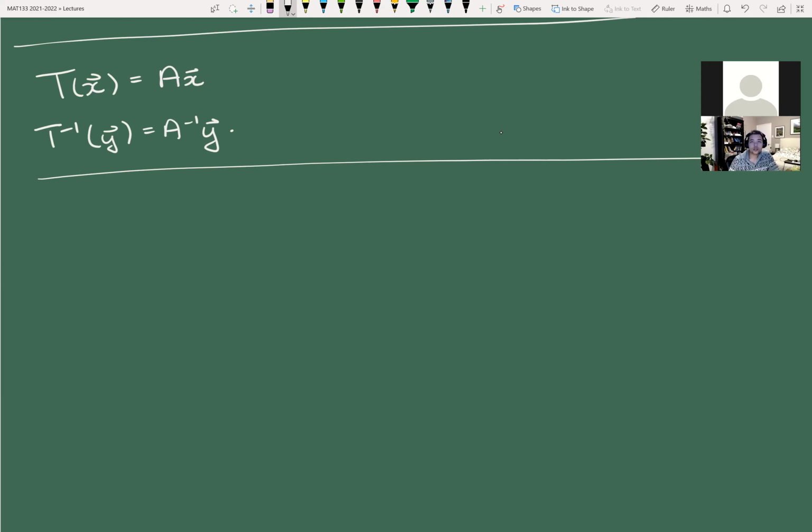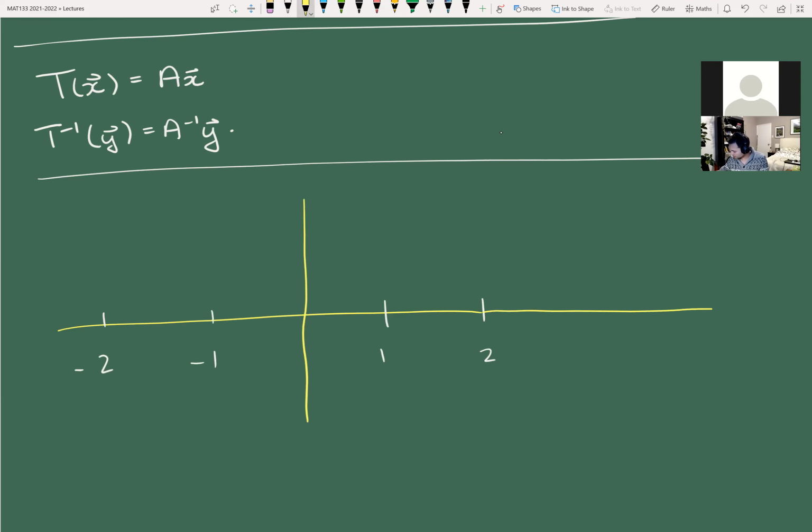Okay, let me give you an example. Let's say I gave you this function. Here's 1, here's 2, 0, -1, -2, like that. Let's extend it a little bit so we can see the pattern, 3 and 4.